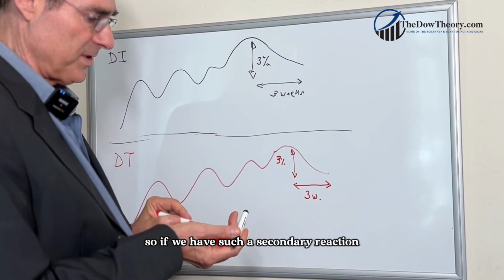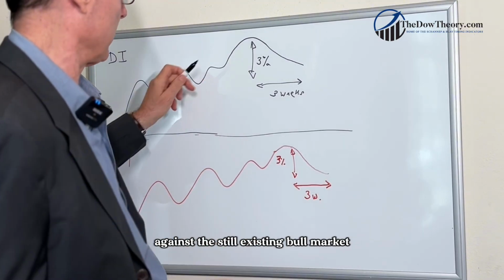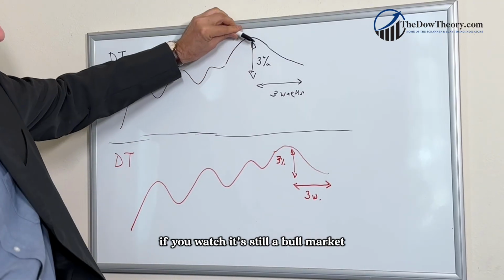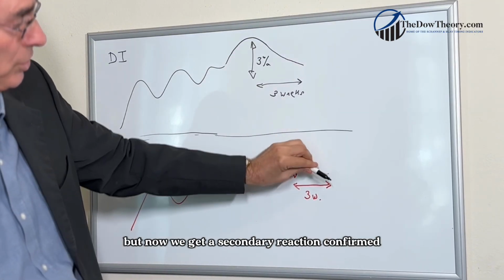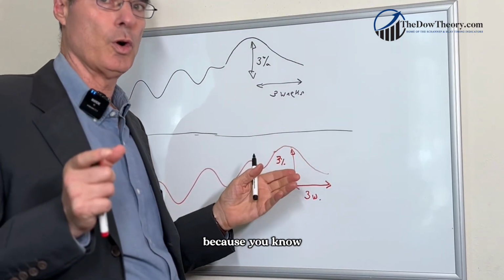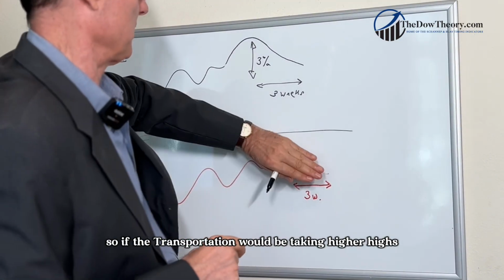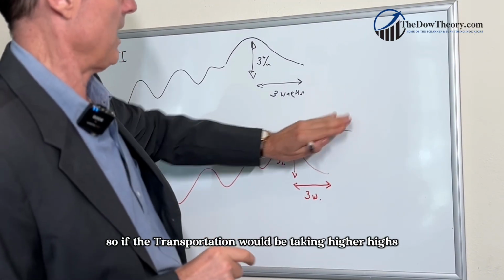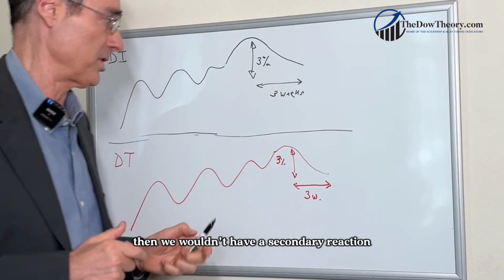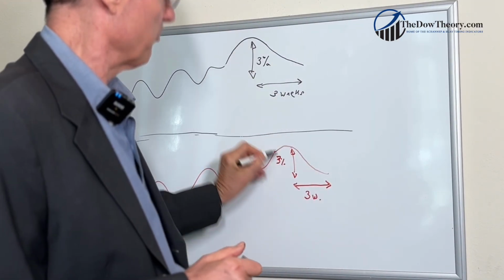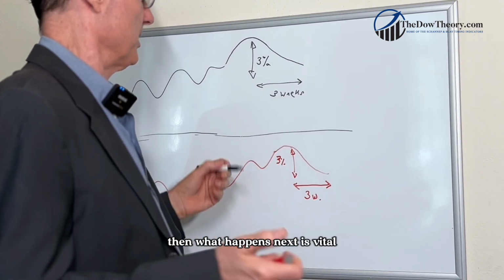So if we have such a secondary reaction against the still existing bull market, it's still a bull market, but now we get a secondary reaction confirmed, because you know that the principle of confirmation is vital according to the Dow theory. So if the transportation would be taking higher highs, then we wouldn't have a secondary reaction. So once we have this secondary reaction, then what happens next is vital.